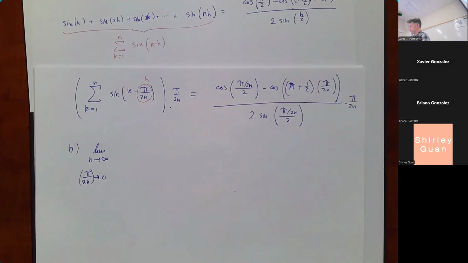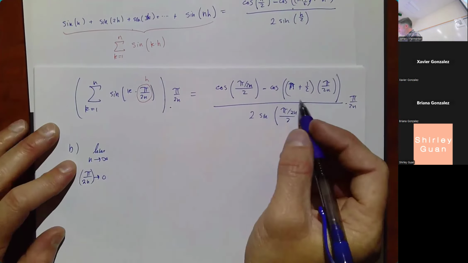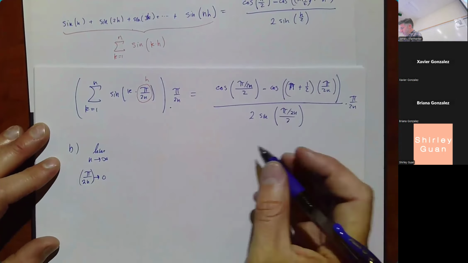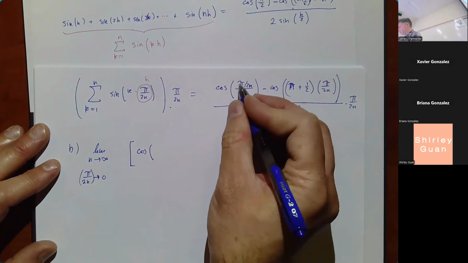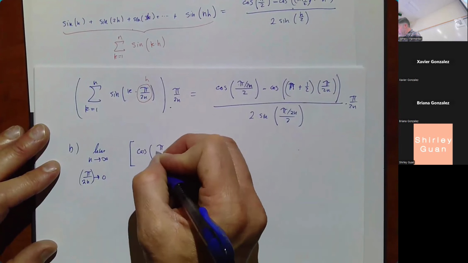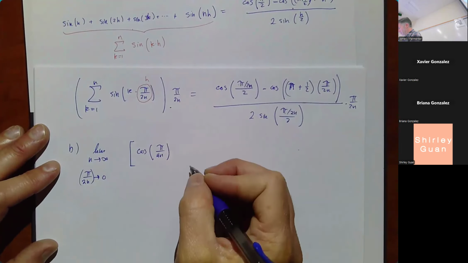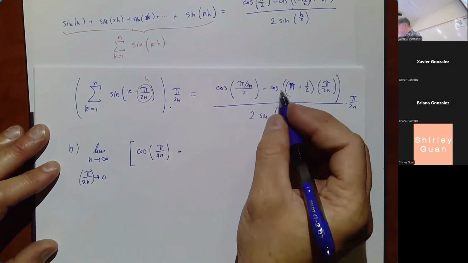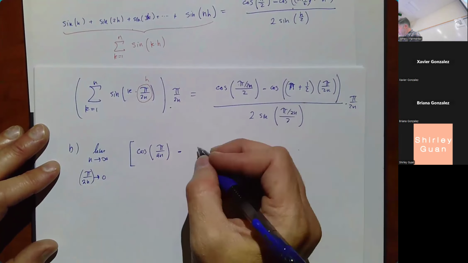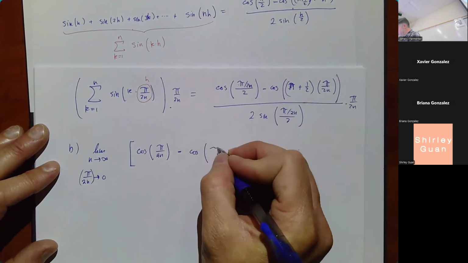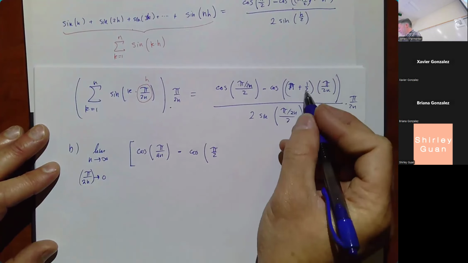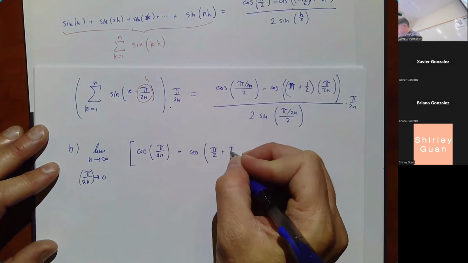Here's how I would look at this. You have the cosine parts and the sine parts. So I'm going to break this up as cosine of pi over 2n divided by 2, which is pi over 4n. And in this part here, if I distribute the pi over 2n, you have cosine of n times pi over 2n, which is pi over 2, and 1/2 times pi over 2n, which is pi over 4n.